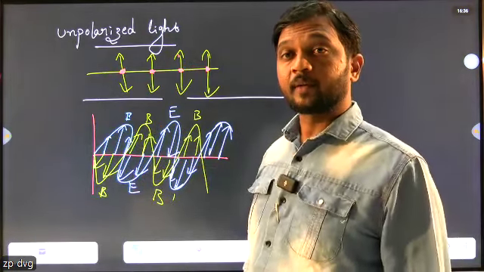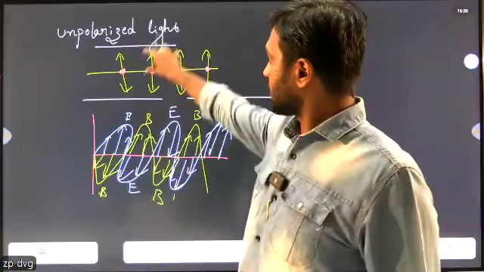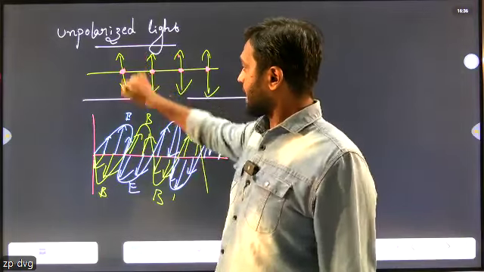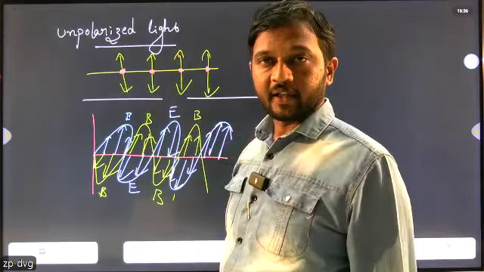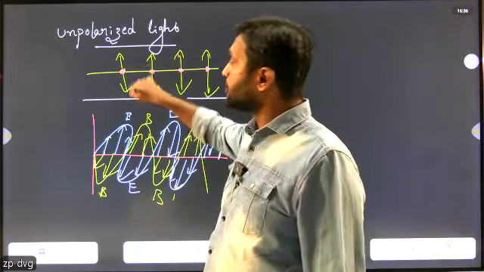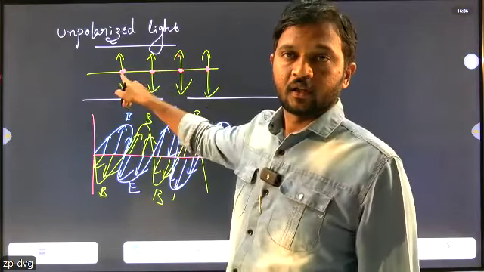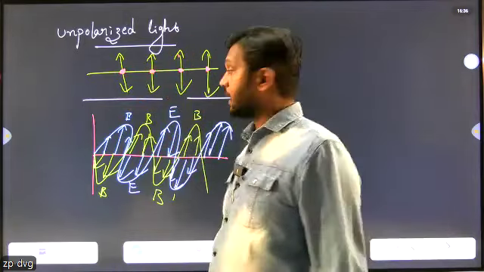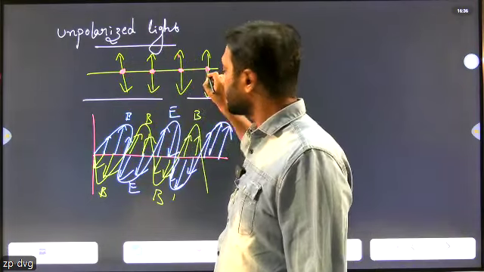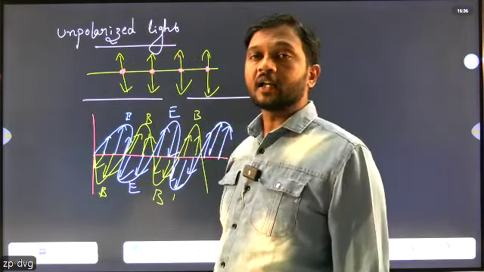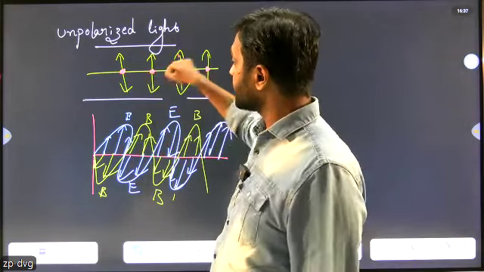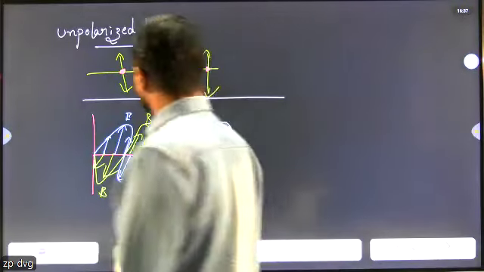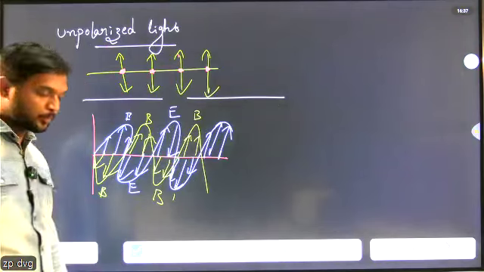So this represents unpolarized light: the arrow mark indicates the plane of vibration of light, the dot indicates vibration perpendicular to the propagation of the wave, but the arrow mark indicates vibration parallel to the propagation of the wave. I hope all of you understood the concept of unpolarized light.